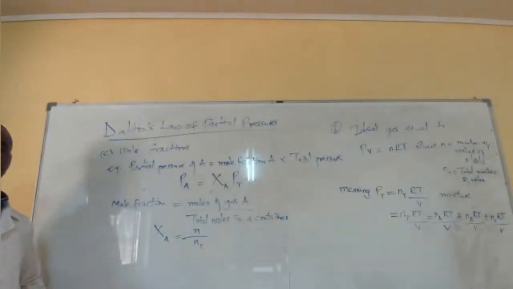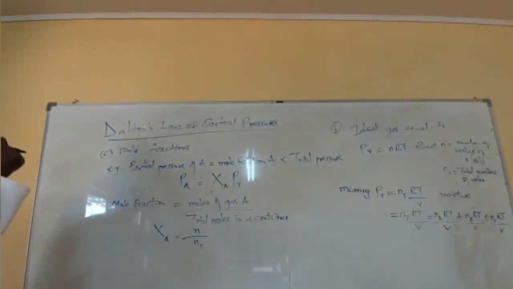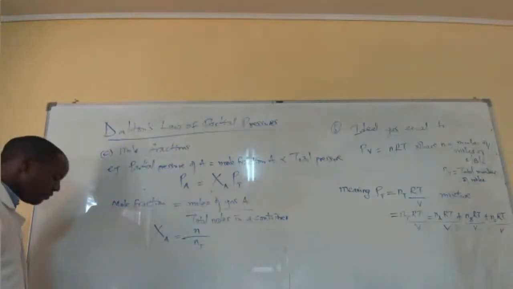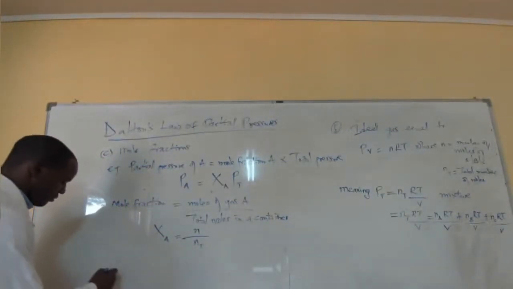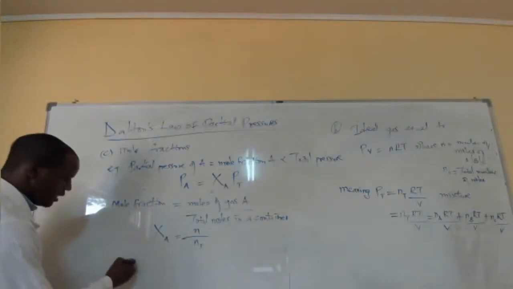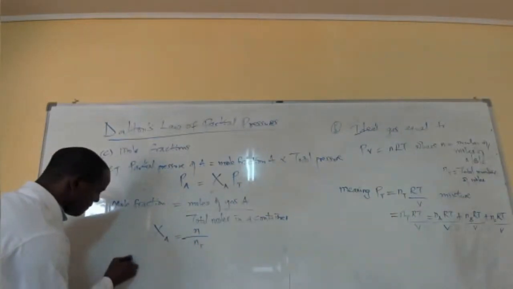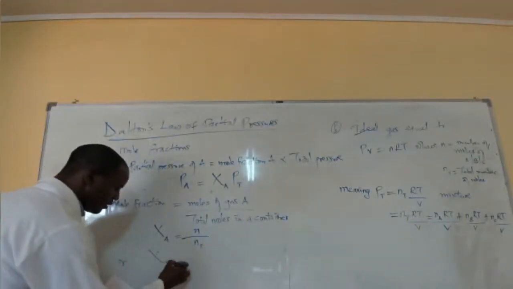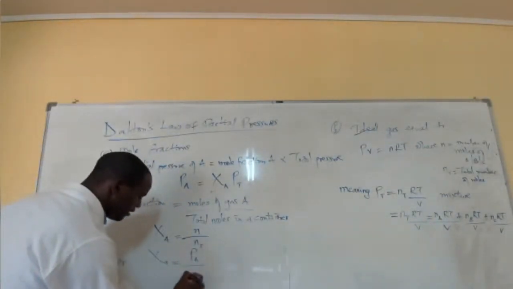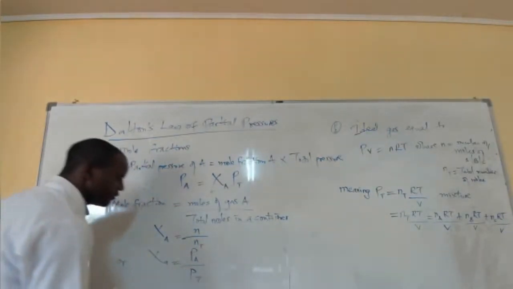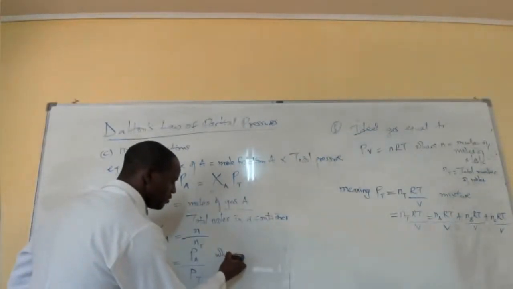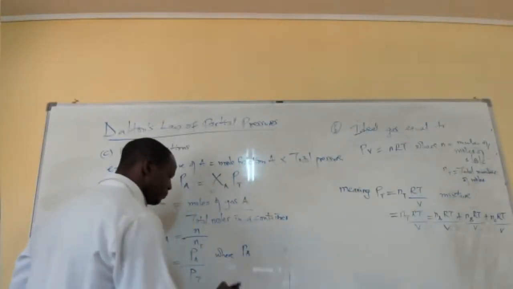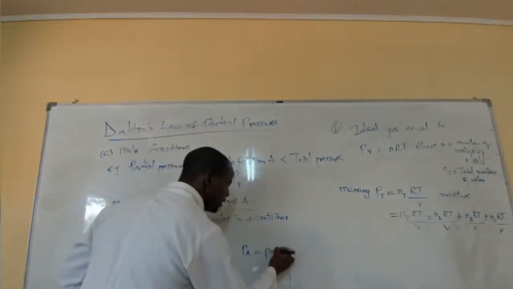Meaning that for us to calculate the partial pressure, we can say that the mole fraction of A is equal to the partial pressure of A over the total pressure, where PA is the partial pressure of A.